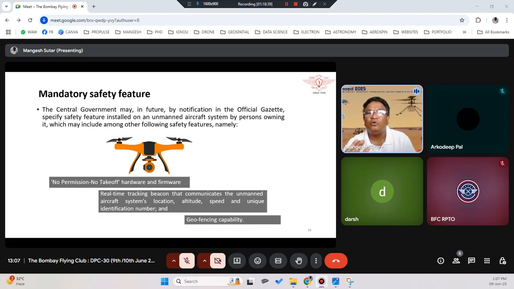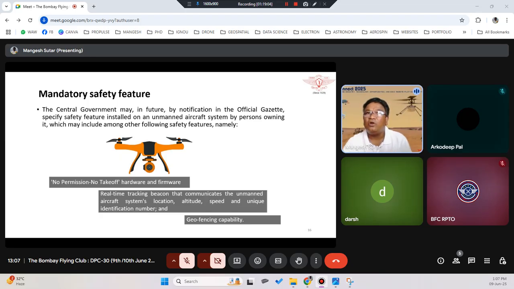Okay, so no permission, no takeoff feature is not enabled. Even the real time beacon is not available, because currently the classification or requirement for the drone you are flying is VLOS, that is visual line of sight. These features will become important when you are flying beyond visual line of sight, that is BVLOS.